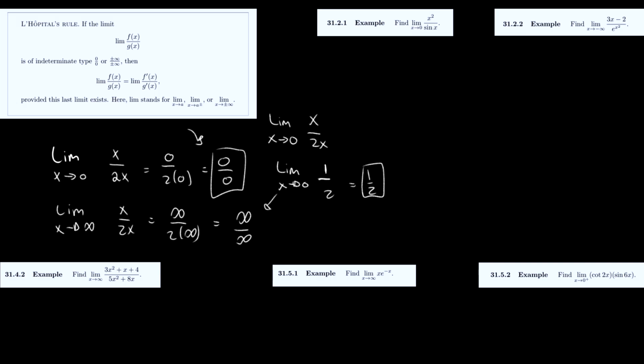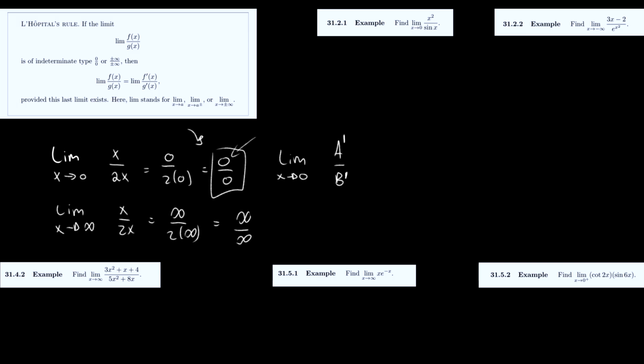So that's all you do when you find 0 over 0 or infinity over infinity. You use L'Hopital's rule. That's literally it, nothing more to it. Now be aware that you can think about the top and bottom as two isolated functions. So for instance, if you get the limit as x approaches some value of a over b, differentiate a and differentiate b separately.